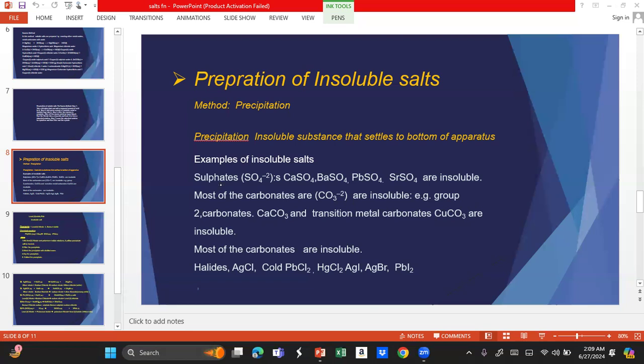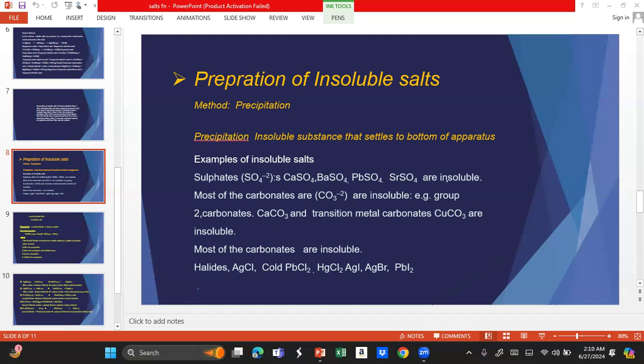So let's talk about insoluble salts now. These are a few examples of insoluble salts. Most of the sulfates are soluble, but the insoluble ones are calcium, barium, lead, and strontium sulfate. These are all white solids.